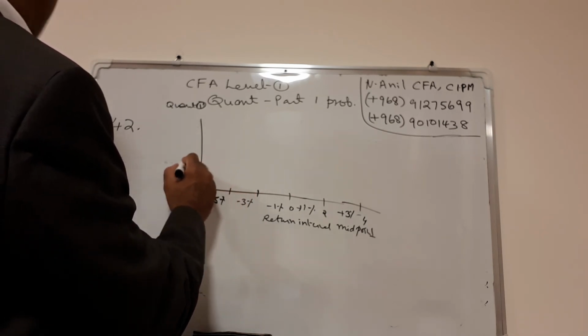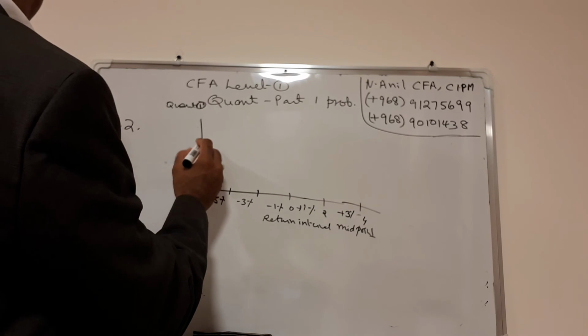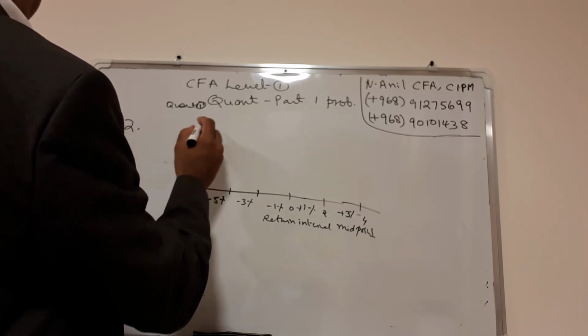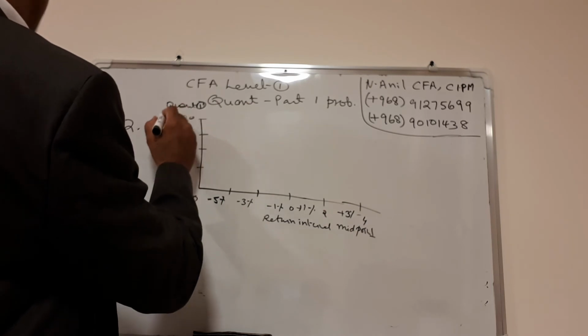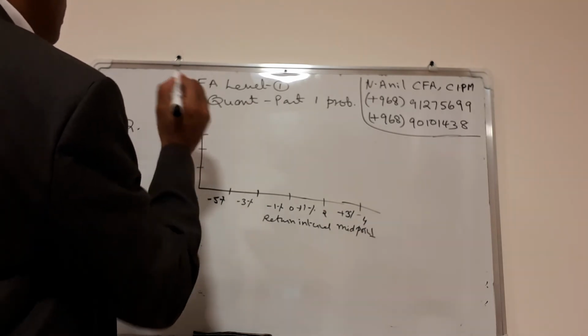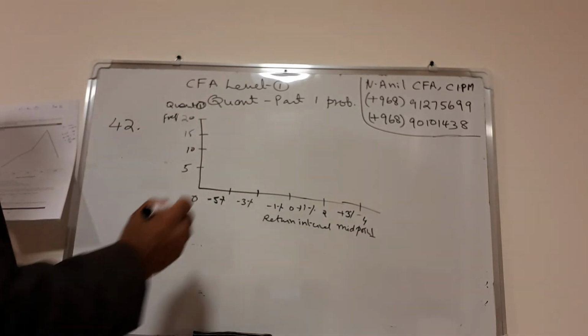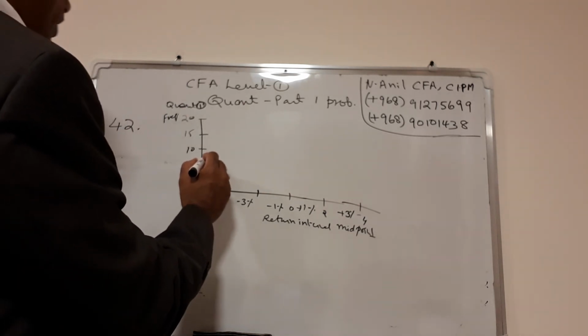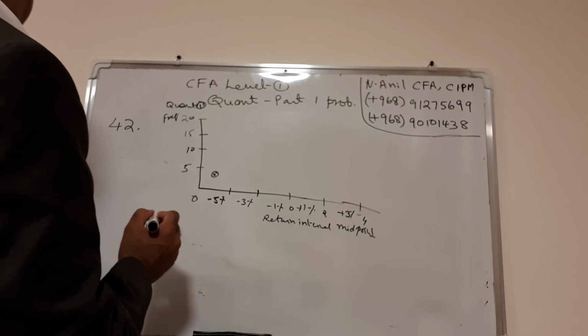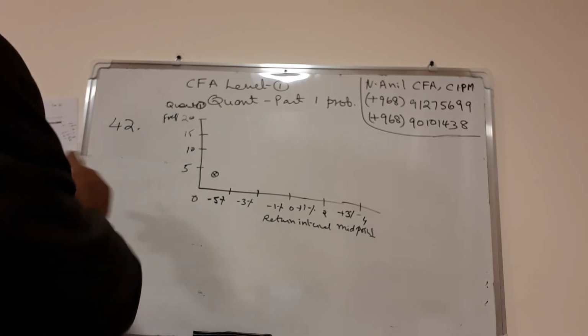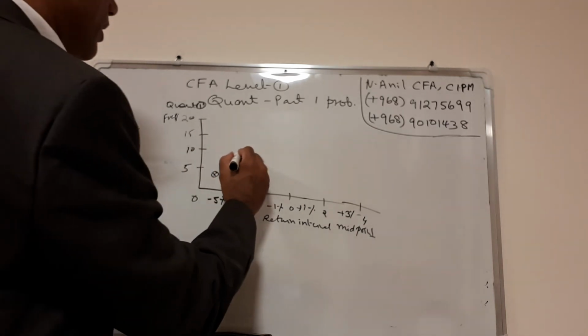The frequency axis has 5, 10, 15, 20. Corresponding to minus 5, the value is somewhere like this. Corresponding to minus 3, it is between 5 and 10.